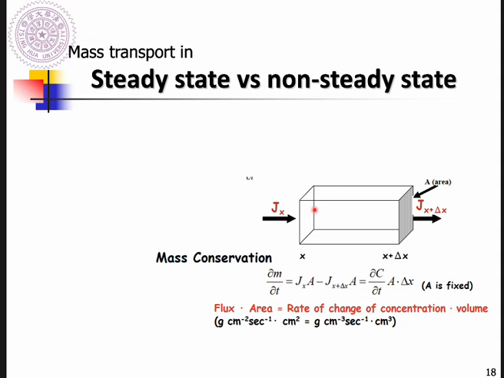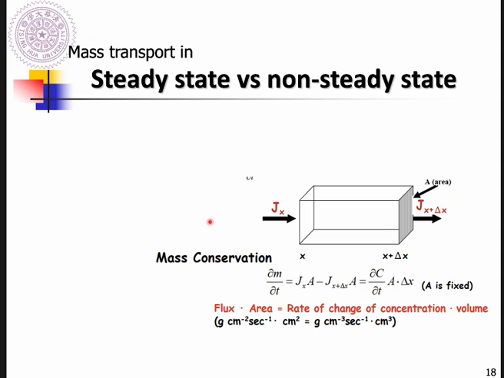So before we talk about the details, we need a quick background review. We talk more about mass transport in solid materials, and also the mass conservation law, which is quite important in mass transport. So here we just focus on our cube of interest.